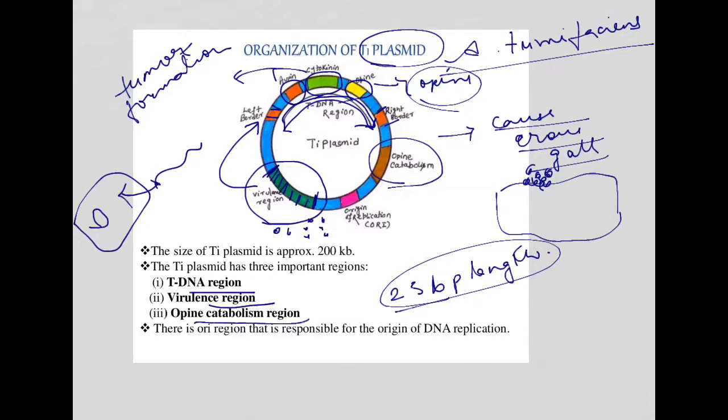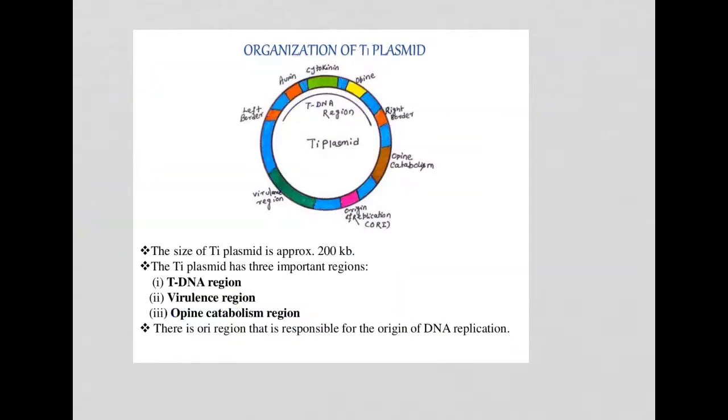I have already talked about the opine catabolism region, and there is an origin of replication, which is responsible for replication of the plasmid inside Agrobacterium. There are basically three types of Agrobacterium: Agrobacterium tumefaciens, which causes crown gall disease.